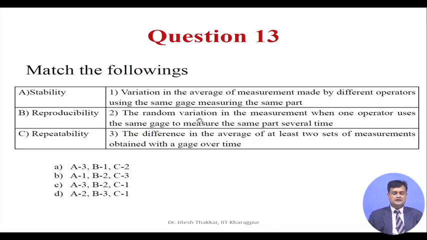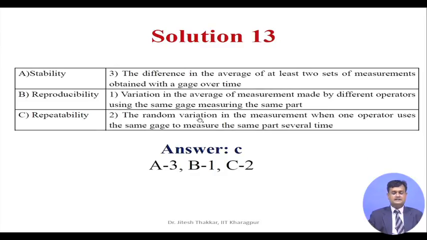So the correct answer for this question is answer C. A is matching with 3, B is related to 1, and C is matching with 2.